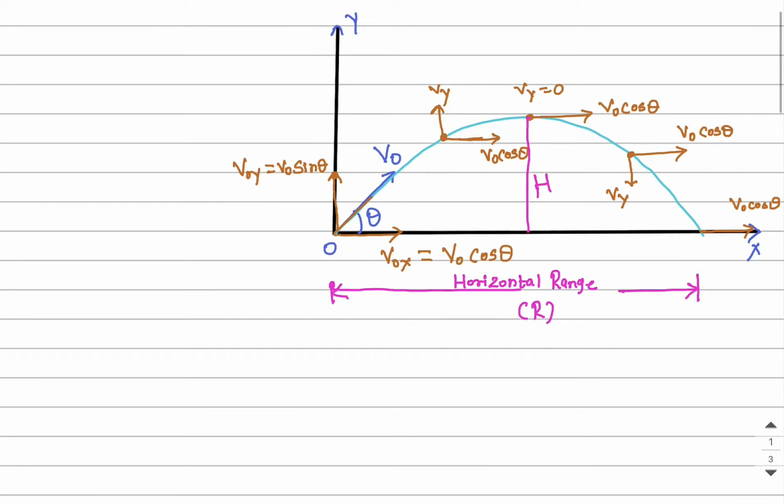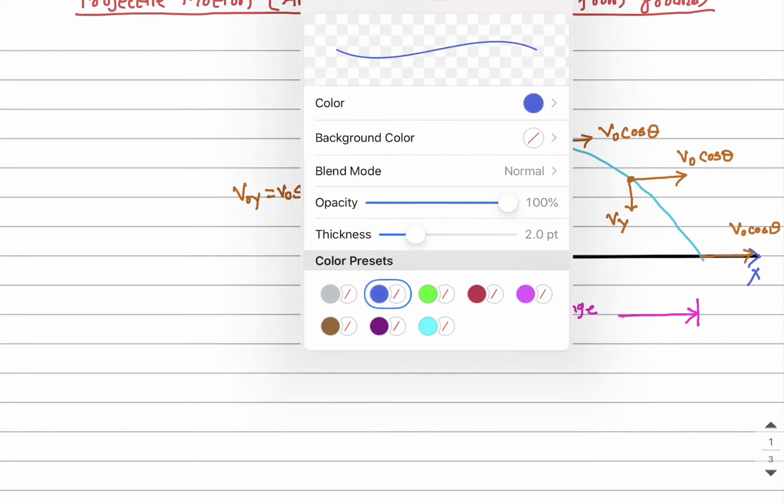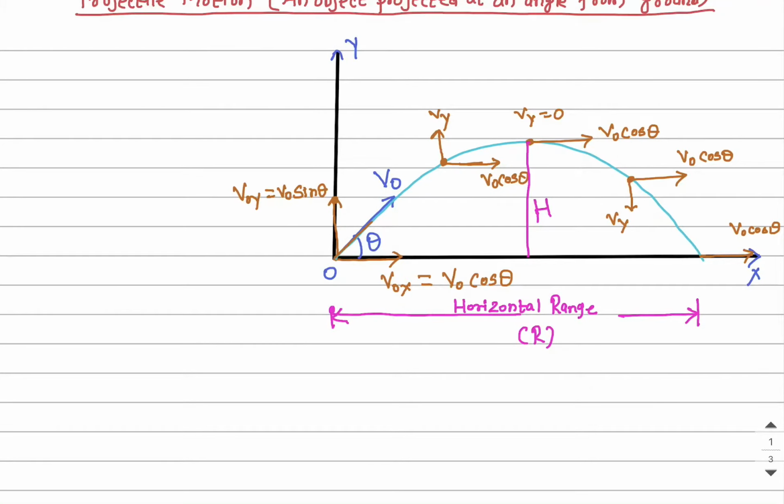So let's calculate all the math now. Just focus on the math part. Before we do that, here I'm writing a few important things. This is the acceleration along the x-axis, and as I mentioned, as there is no force along the x-axis, it would be 0.